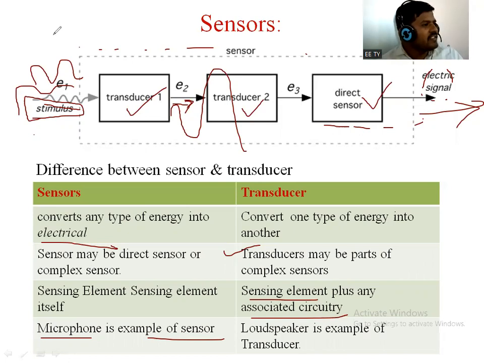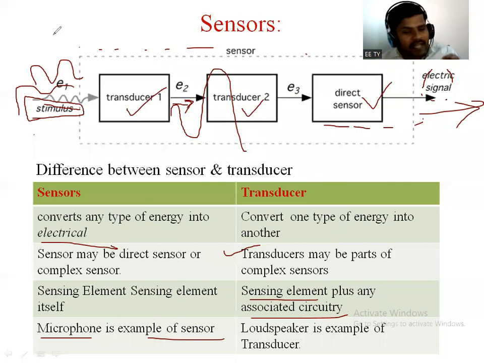Or consider a fire alarm system: the fire can occur at a place with a distance between the sensing element and the fire.